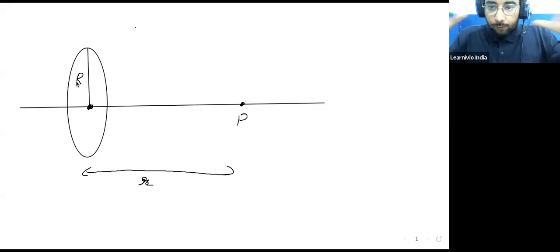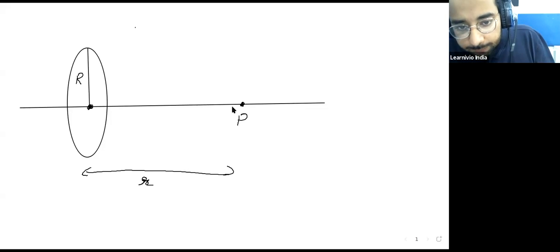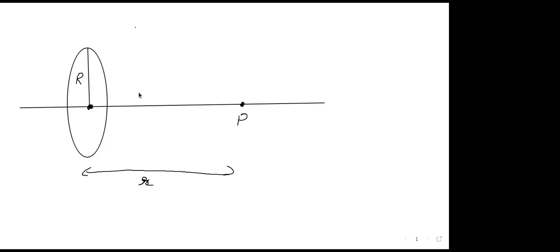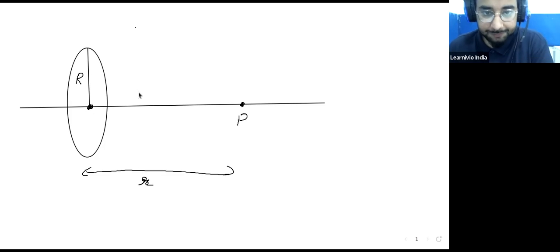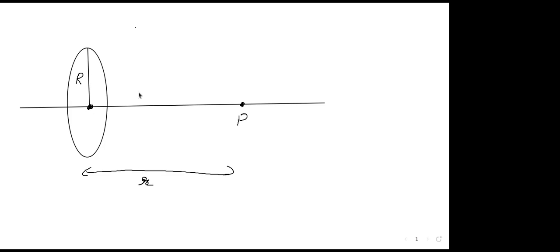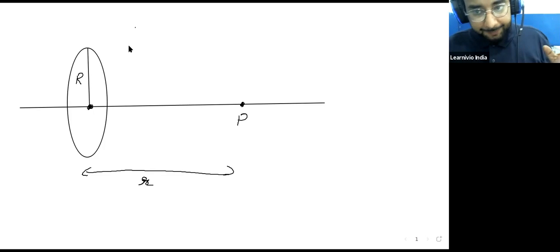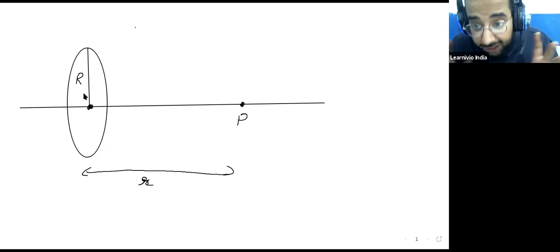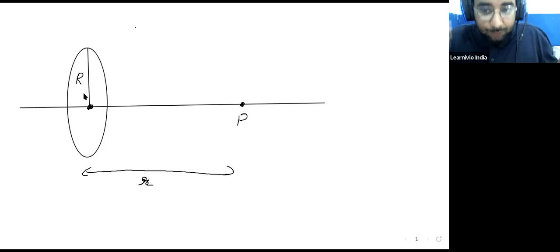The question is, what is the net force on this point P, which is on the axis? So here it is given that the distance is r and the radius is capital R. I have not yet completed the question, because your first question should be: there is no charge here.